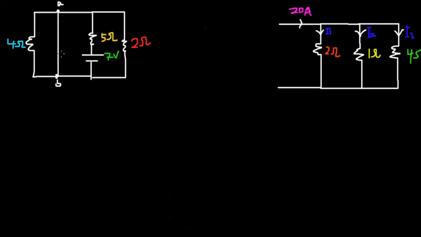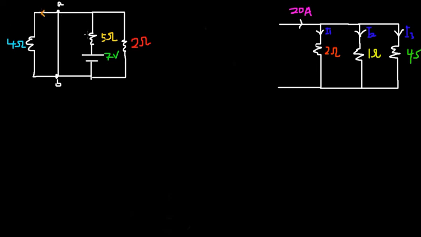Now from here, listen to this attentively. You might meet this in your exams or test or whatever. Since AB is a short circuit, it means that no current will flow through this portion.